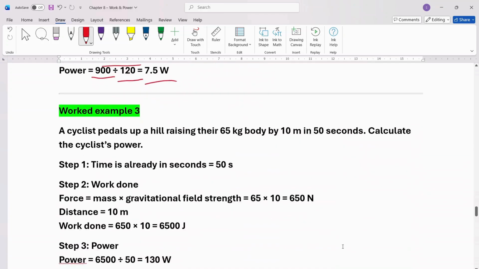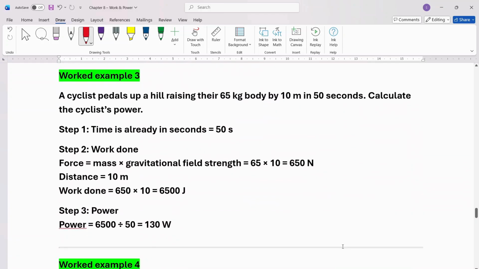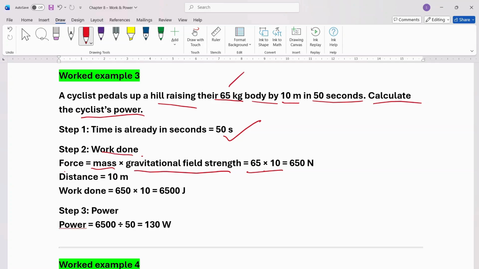Okay. The next example is a cyclist who pedals uphill, raising their 65 kg body by 10 meters in 50 seconds. Calculate the cyclist's power. First step, time taken is 50 seconds. Step number 2, work done. Force is equal to mass times gravitational constant. Mass is given, 65 times the constant value, we get 650 newtons.